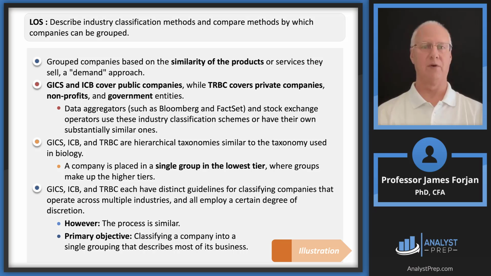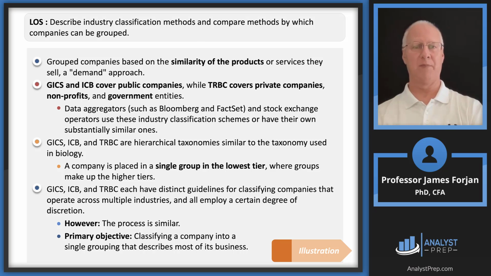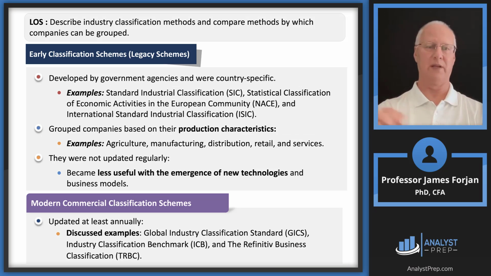Let me give you a heads up here. Look at the first one there, demand approach or similarity of products. So these are 2 things. With these legacy schemes, think about production characteristics. This is the way I think of industries, because I'm an old-time dude, right? Agricultural, retail, services, whatever it is, snack food industry.